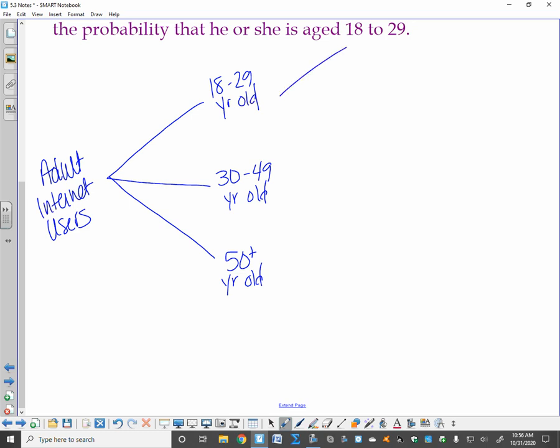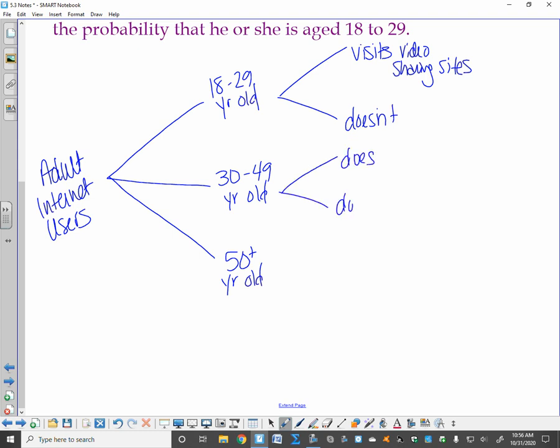Then visits video sharing sites, doesn't. Does, doesn't. Does, doesn't.